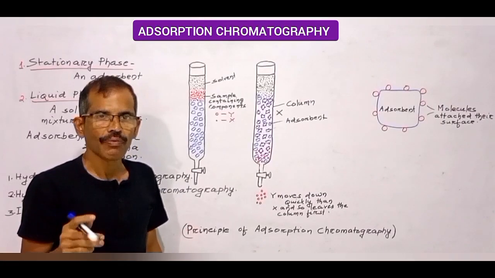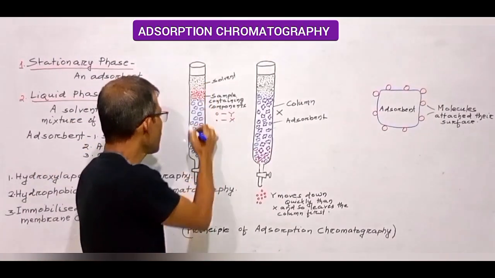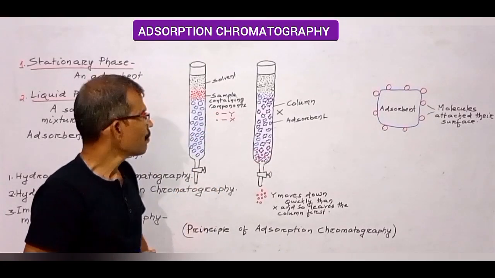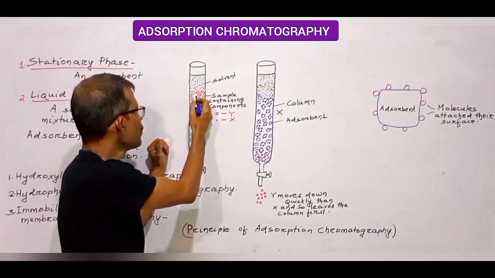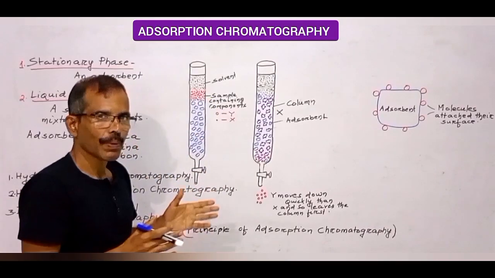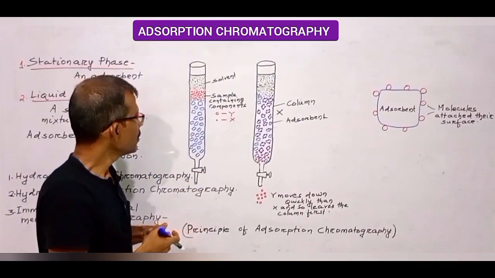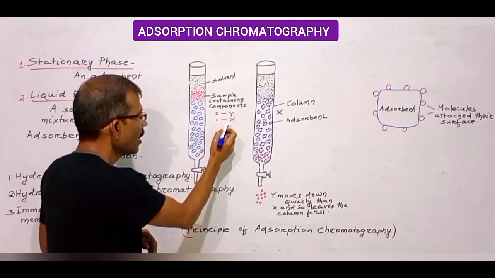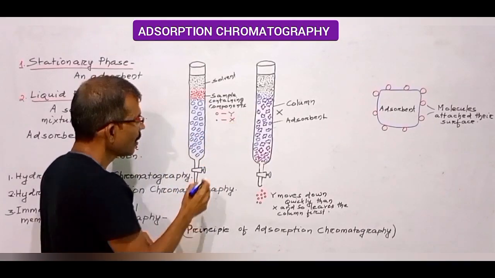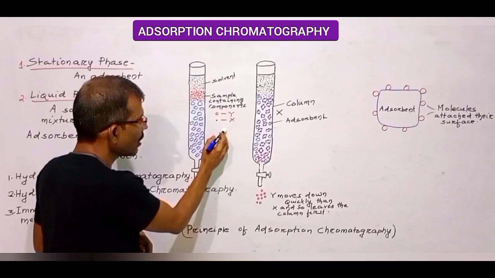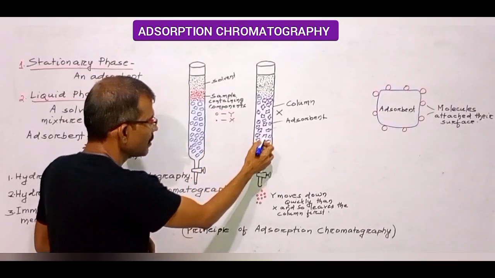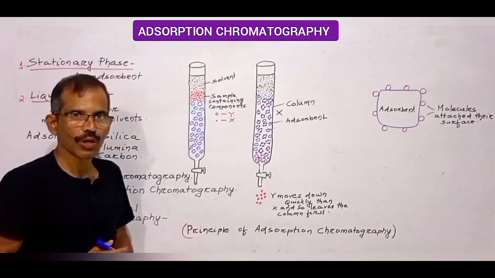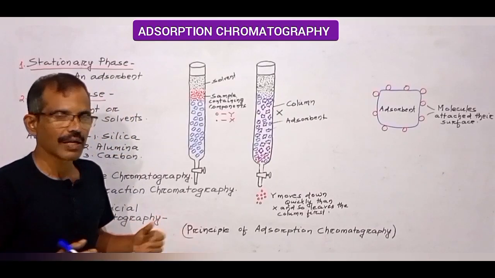In this technique, first a column is packed with a suitable adsorbent. After packing, the sample is applied at the top of the column. In this example, the sample has two components, X and Y. Out of these two components, only X is selectively adsorbed on the surface of the adsorbent, hence it will be retarded.